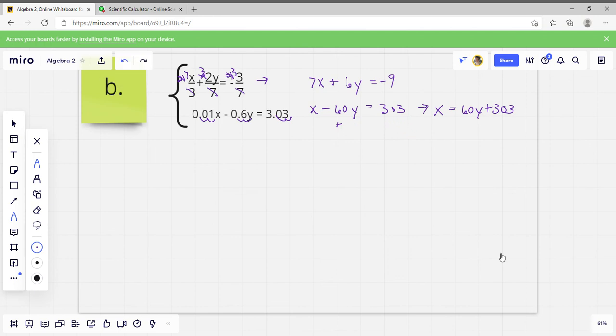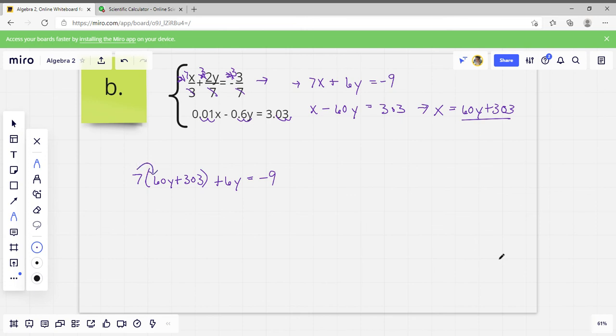And then I'm just going to use substitution for this one. So I'm going to sub this value in for x into that equation. So I'm going to say 7 times x, which is 60y plus 303, plus 6y equals negative 9.